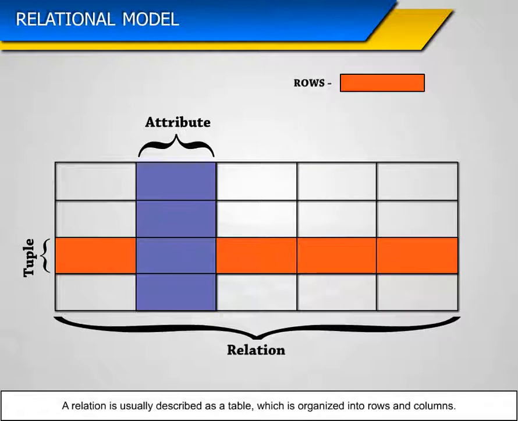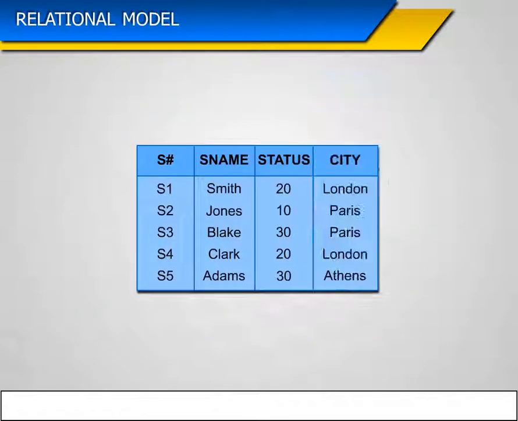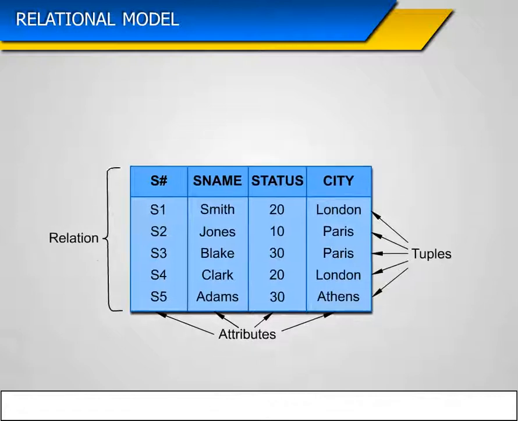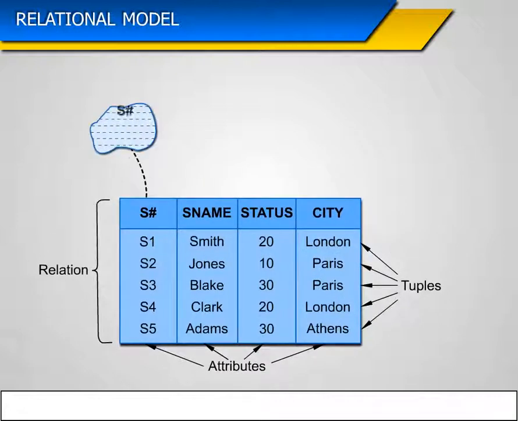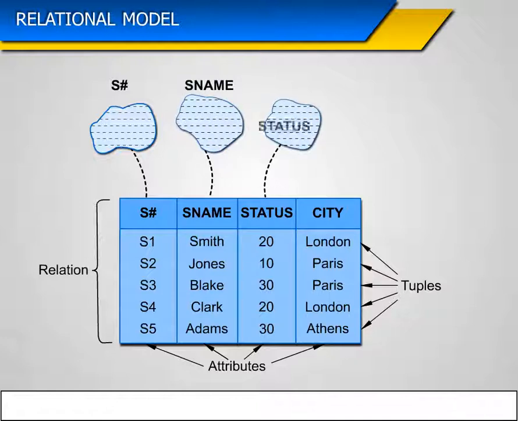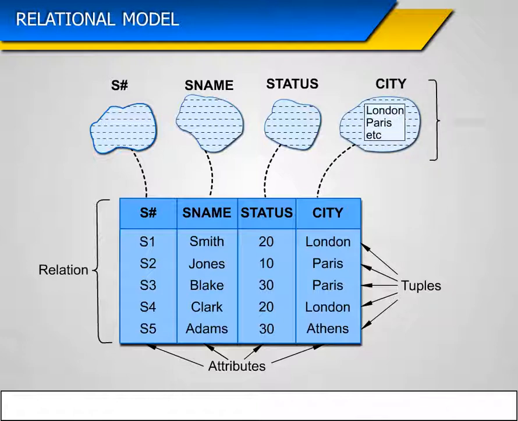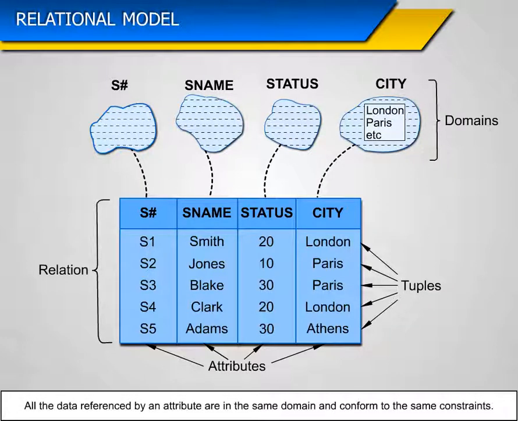A relation is usually described as a table which is organized into rows and columns. All the data referenced by an attribute are in the same domain and conform to the same constraints.